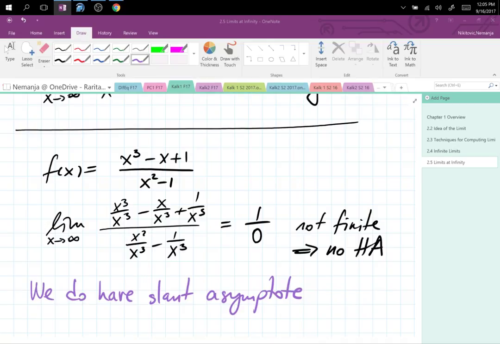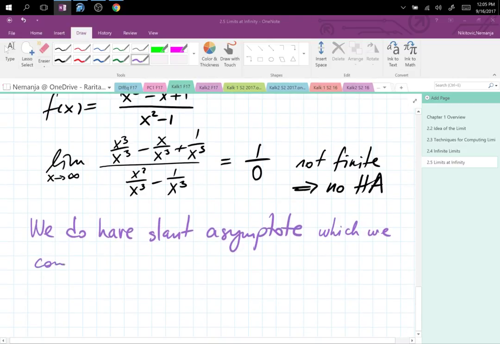So we do have a slant asymptote, which we compute using long division of polynomials.